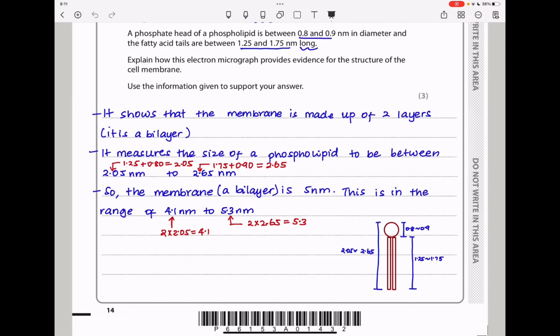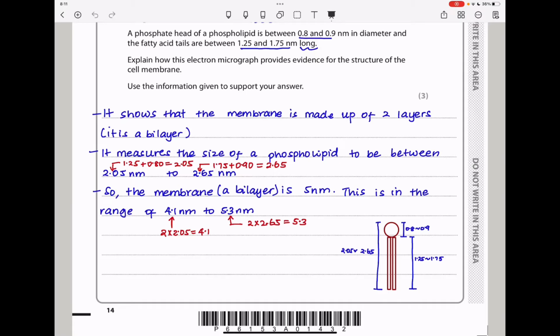They told us the phosphate head is 0.8, so I put it there. If the tail is 1.25 to 1.75, adding 0.8 to that, we get 2.05, and to the upper value we get 2.65, as shown here. That is what I'm going to use in my explanation.